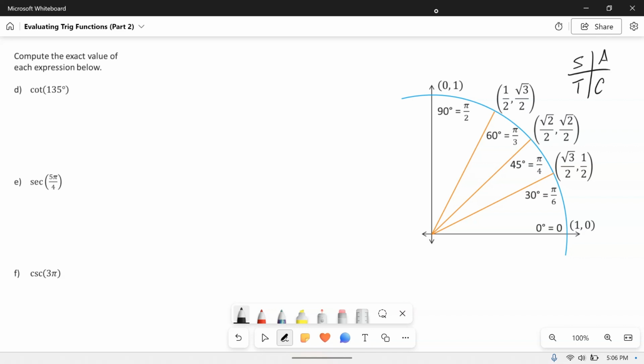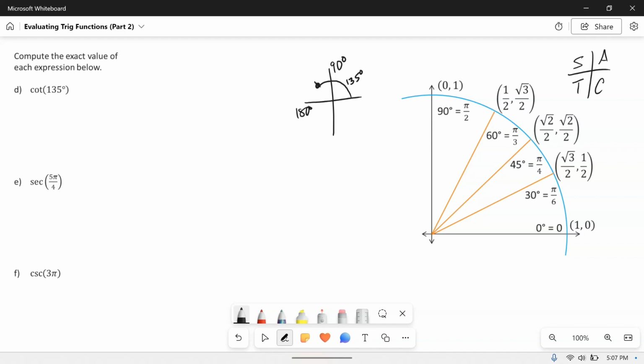So we're going to start with drawing and locating that angle. You don't have to draw it every time, but you do need to locate it in your mind if you need to know where it's at. So 135 is between 90 degrees and 180 degrees, right? So it's right there. Okay, so this is 135 degrees.